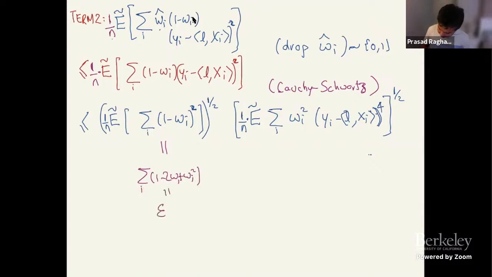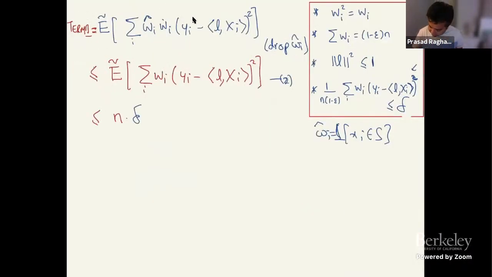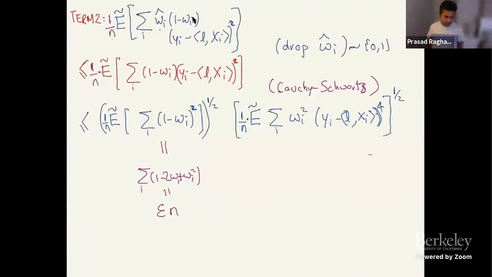This is exactly equal to epsilon n, because of axiom 1 and axiom 2 together, they just imply that. So it's really the second term which is interesting.